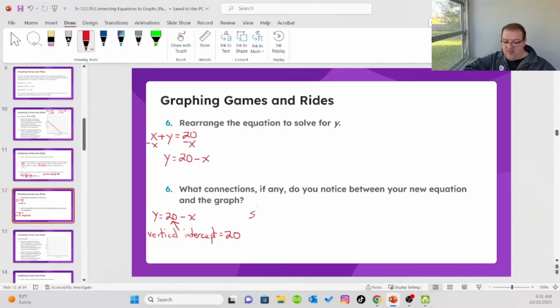And we said that our slope equaled -1, and we can see that right here attached to our x. So we can see that the number that is not attached to x ends up being our vertical intercept, or our y-intercept. And we can see that the number that's attached to the x becomes our slope.